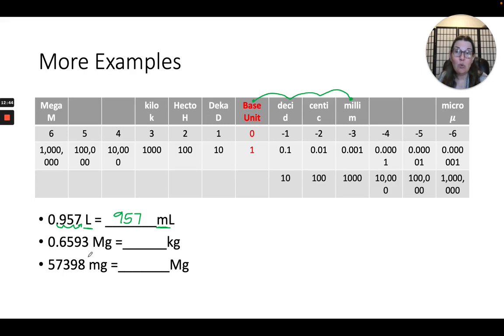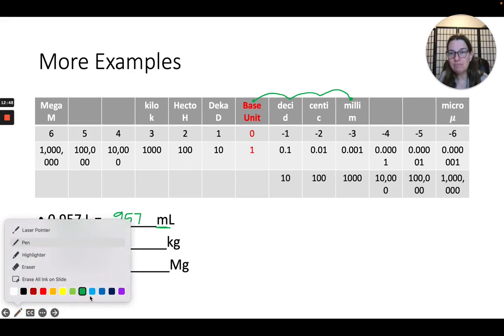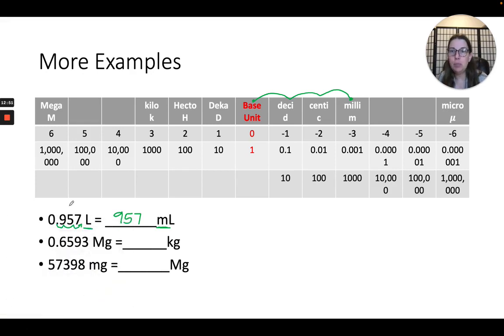So let's try one where we have mega or micro going on. And I'm going to change the color. How about this nice teal blue? Okay, so here the prefix is mega because it's capital M. My base unit is grams. Notice when you convert, you have to keep the same base unit every time. I can't go from megagrams to milliliters because I can't convert a gram to a liter.